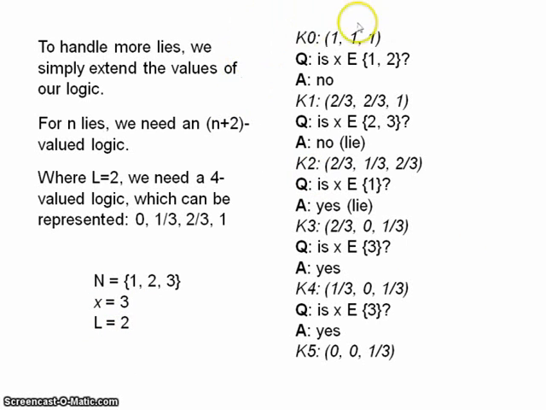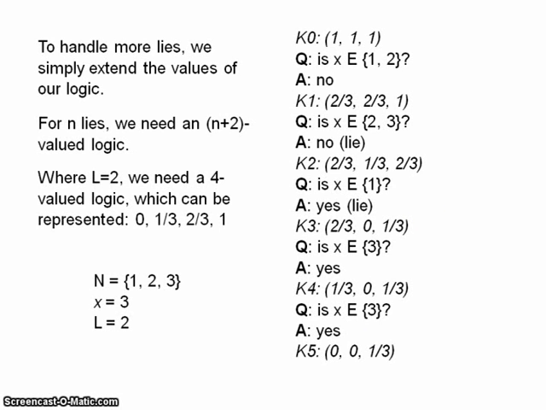Here's a sample game here, and note that when we get to knowledge state 3, we know that it's not 2 because 2's on 0. Again, as with last time, one of these 3 answers must be true, which rules out the number 2. So there's a simple game there.